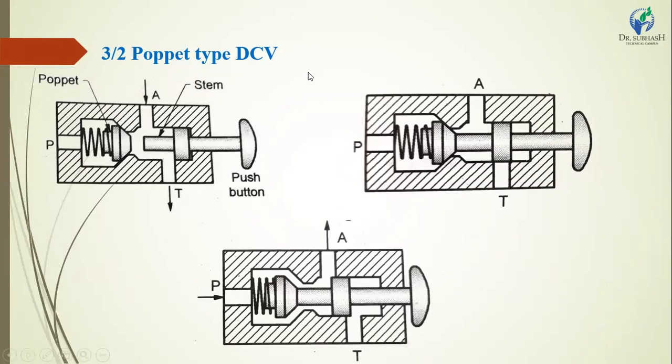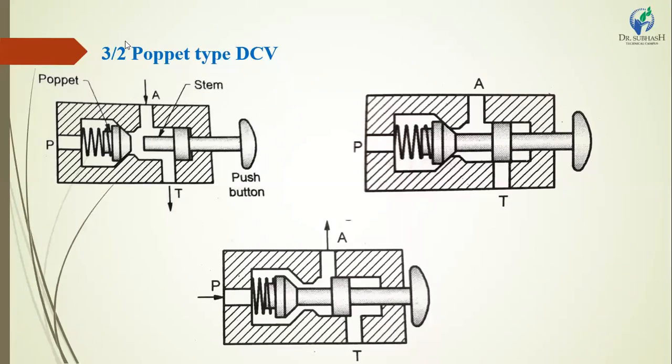The pilot operated pressure is required sometimes to stop or idle the hydraulic circuit. Next is a 3 by 2 poppet type DCV. We have already discussed the 3 by 2 direction control valve. DCV means direction control valve. It has 3 ports and 2 positions possible.